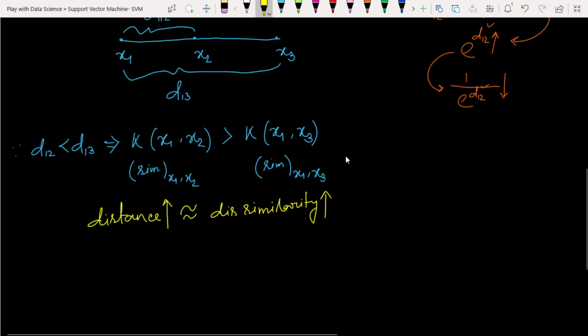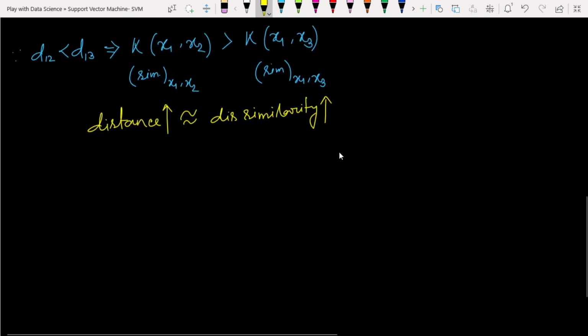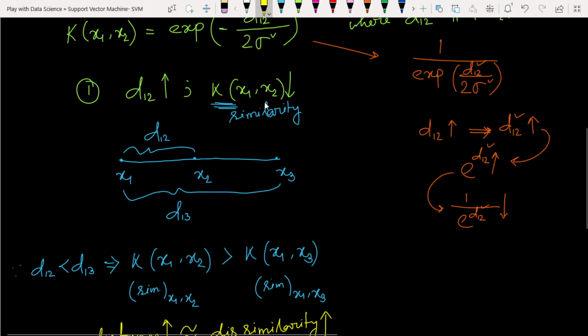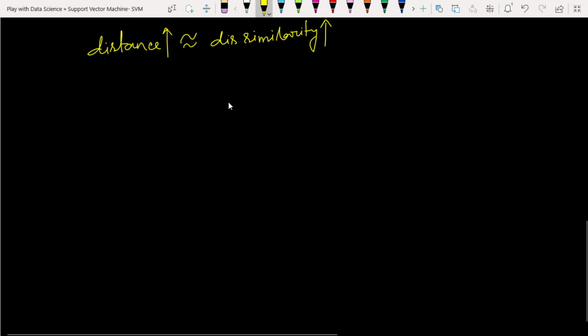Okay, I think this concept is clear, all of you: how these functions are comparable to our similarity and dissimilarity concept, and how the distance is related to this kernel function.